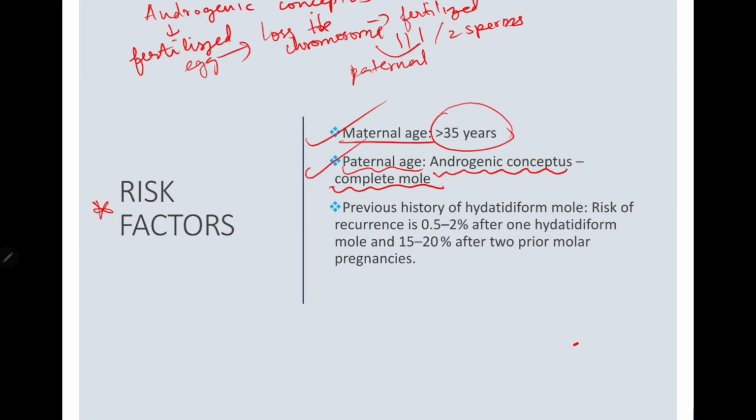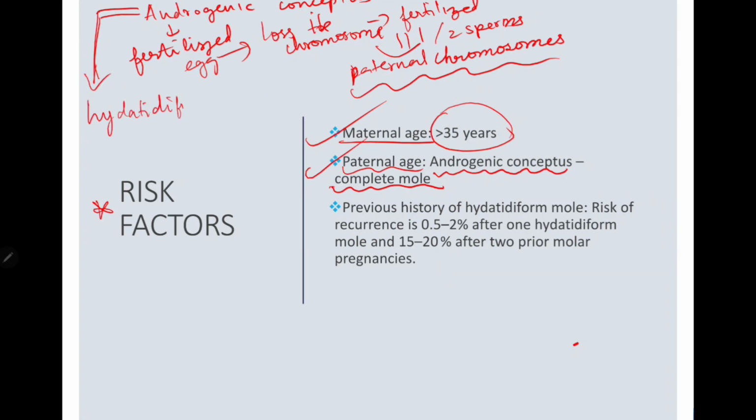An egg having only paternal chromosomes is known as an androgenic conceptus. Generally an androgenic conceptus results in hydatidiform mole. So that is why it's a risk factor. So paternal age and androgenic conceptus will form a complete mole.